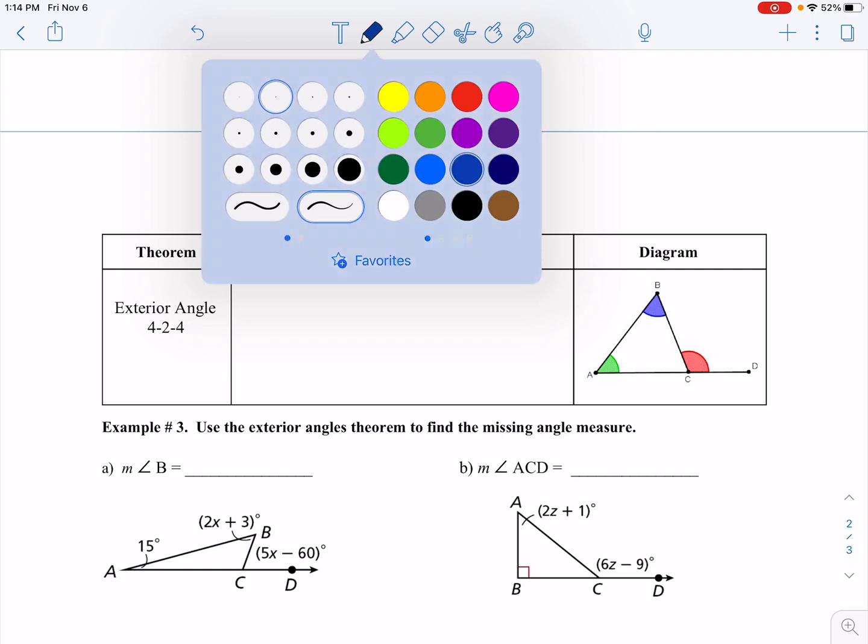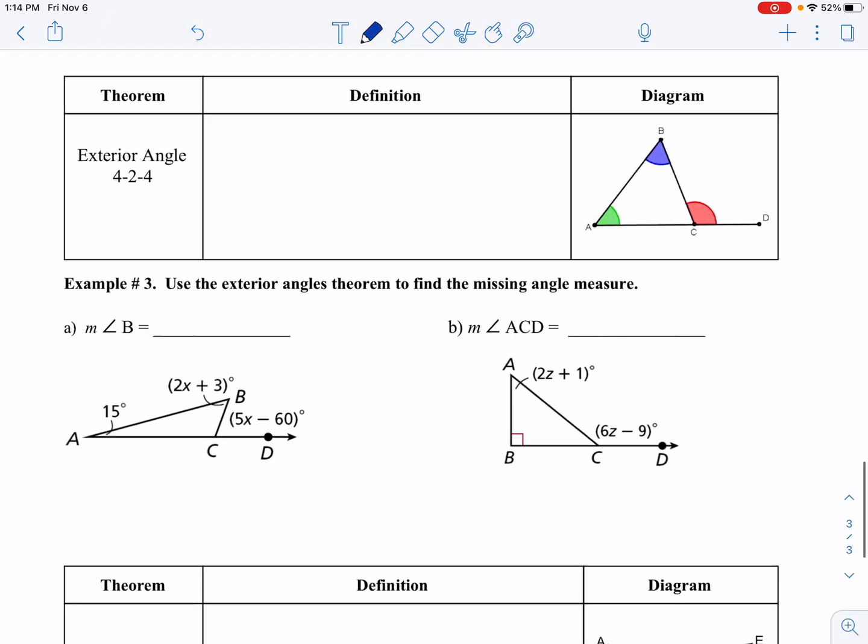We're going to use a little bit more vocabulary here that we'll define in just a sec.